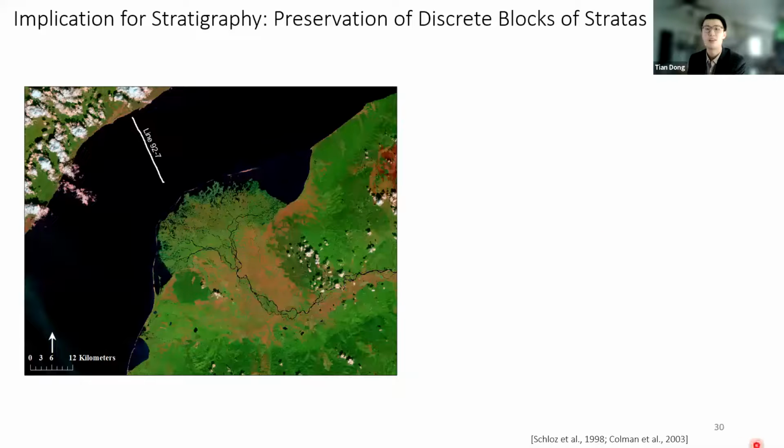One of the effects is that it changes the preservation style of delta stratigraphy. Here is the image of the delta again. I'm showing a seismic line collected in the 90s by a USGS and Russian Academy of Science collaboration. This is very old seismic data.